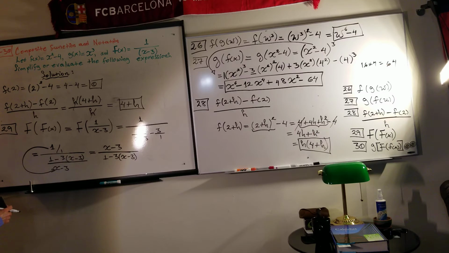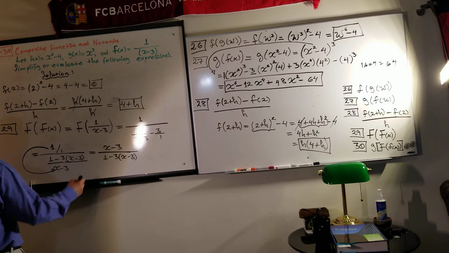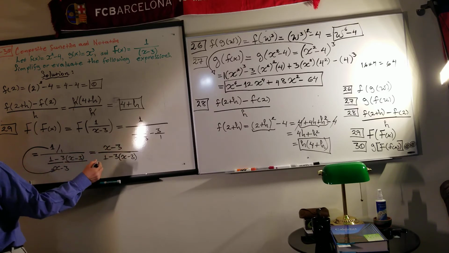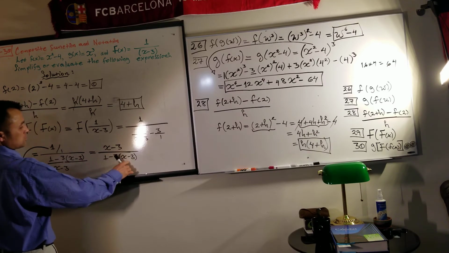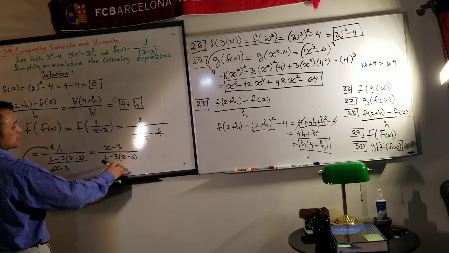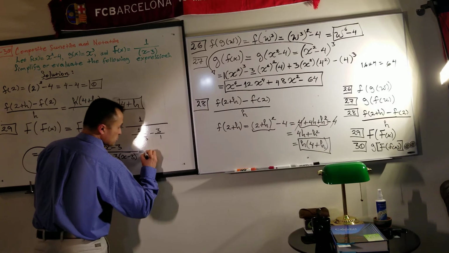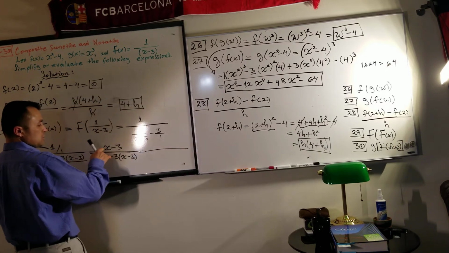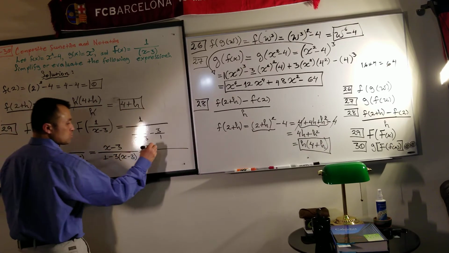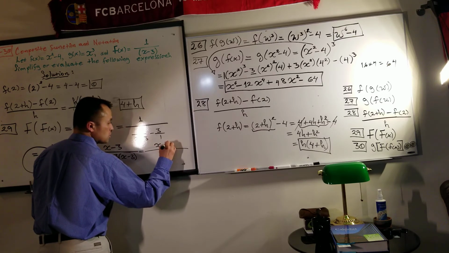And now let's see, I don't think we can reduce this expression. So we have x minus 3 divided by 1 minus 3 factor of x minus 3. We could multiply 3 times x, that's going to be 3x minus 9. Let's see if we can reduce it some more. So x minus 3, we can't reduce it with anything else, we just write it down, x minus 3.